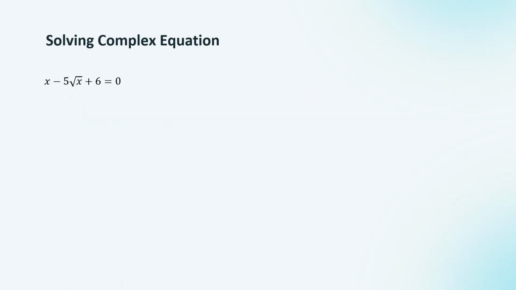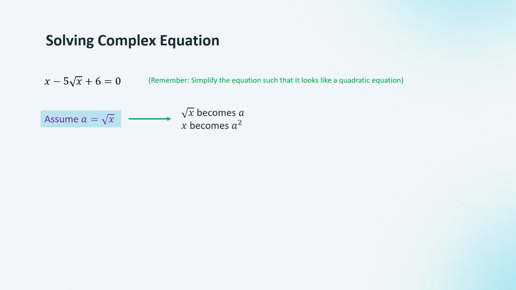This is the first example that I want to show you guys. This doesn't actually look like a quadratic equation, right? But remember that we can simplify the equation such that it looks like a quadratic equation. So how can we do that? First, we can assume that a is equal to square root of x. Because of this, square root of x becomes a, x becomes a squared.